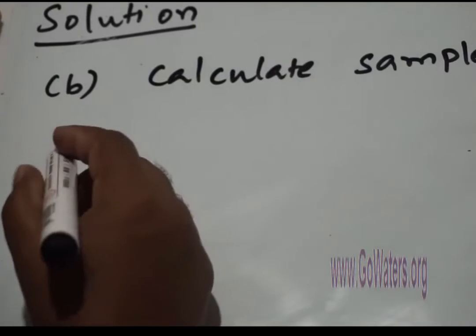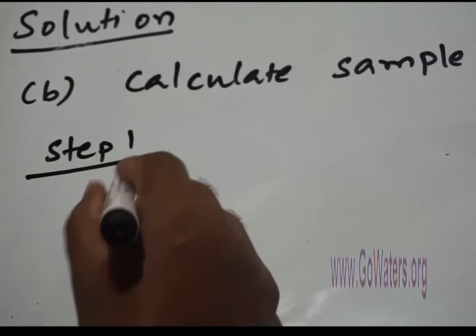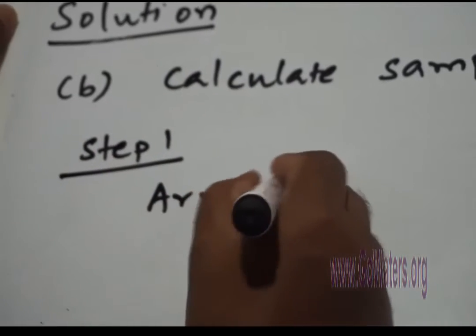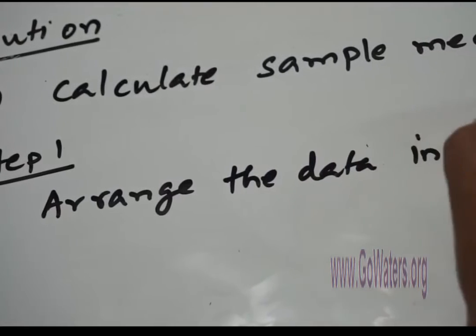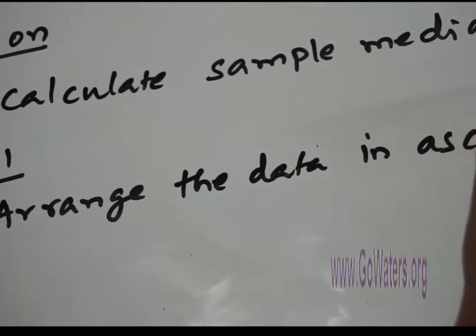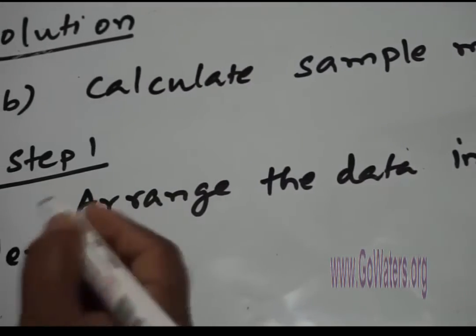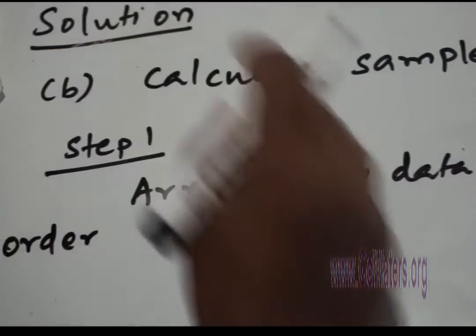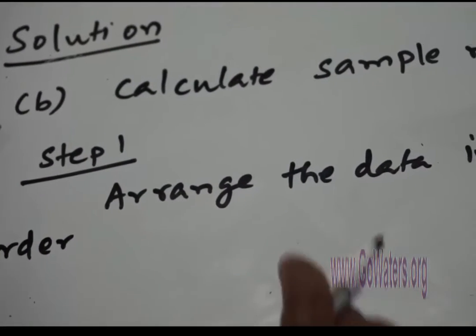Sample median. In the sample median, step 1 is to arrange the data in ascending order. That means you go from the smallest number to the biggest number. That is the meaning of ascending order.